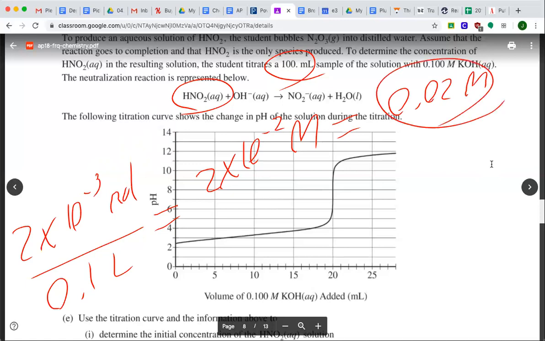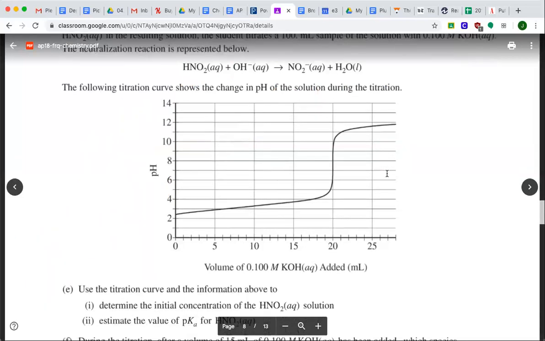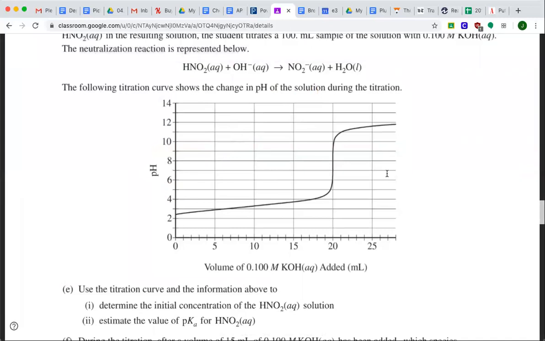So that's the molarity of our nitrous acid, 0.02 molar. Is that what the question was asking? Yeah, it was. Good. Okay. So determine the initial concentration for HNO2 aqueous in the solution, and then find the pKa for HNO2.